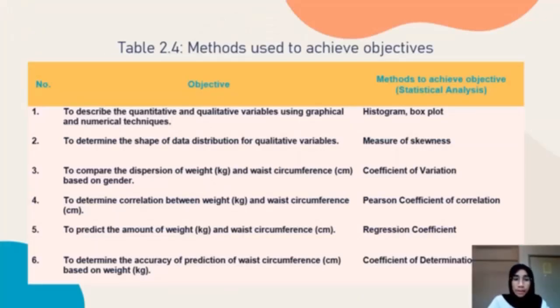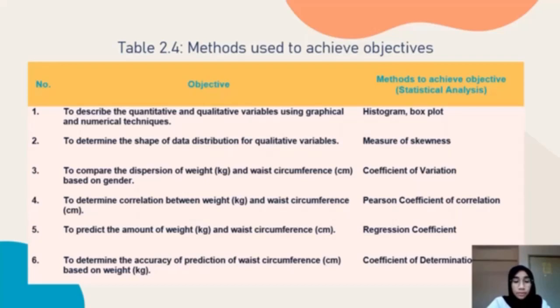The table shows the method used in order to achieve the objective of this study. So, for the first objective, to describe the quantitative and qualitative variable using graphical and numerical techniques, the method used is histogram and box plot. The second objective, to determine the shape of data distribution for quantitative variable, the method used is measure of skewness. The third objective, to compare the distribution of weight and waist circumference based on gender, the method used is coefficient of variation.